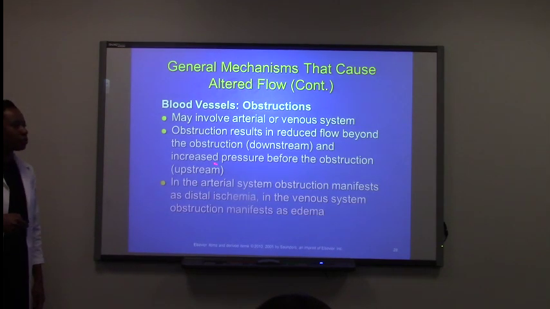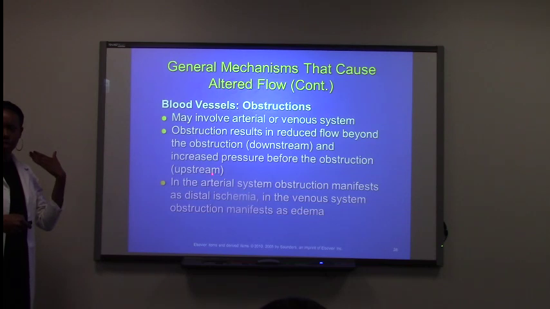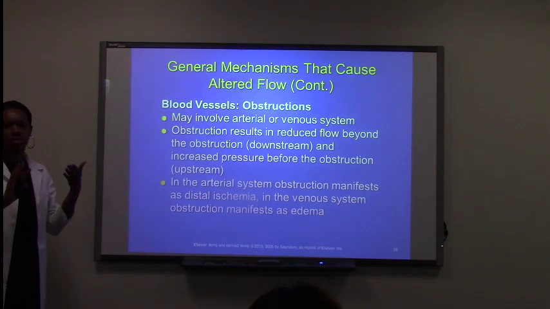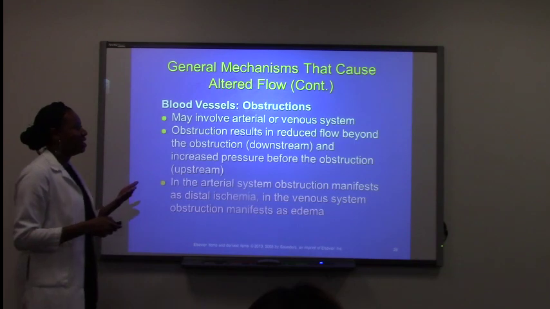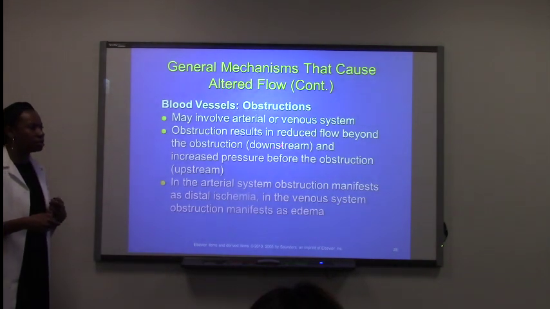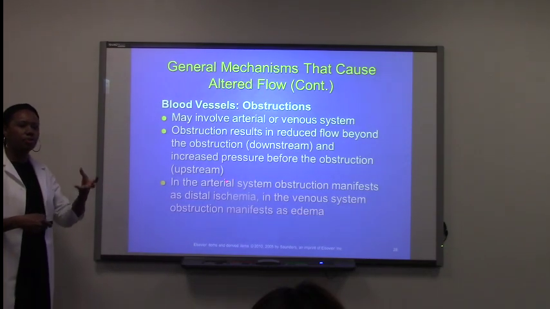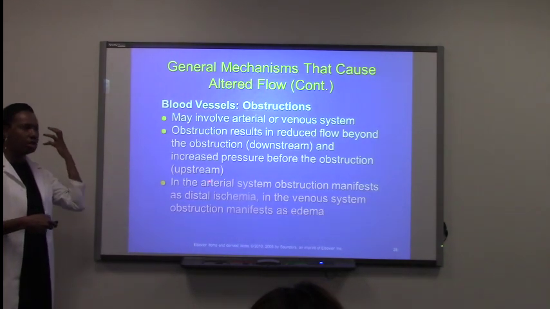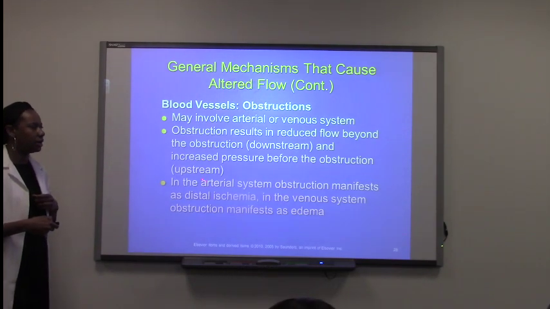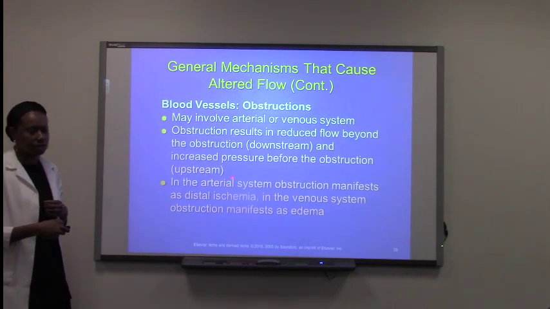Anytime we increase pressure above the obstruction, this is the upstream, so whatever's going on upstream is different from the downstream. Did I just confuse you? Sorry. Okay, so the downstream, again, is reduced flow beyond the obstruction, whereas there will be increased pressure above the obstruction, which is termed the upstream. The upstream has pressure.